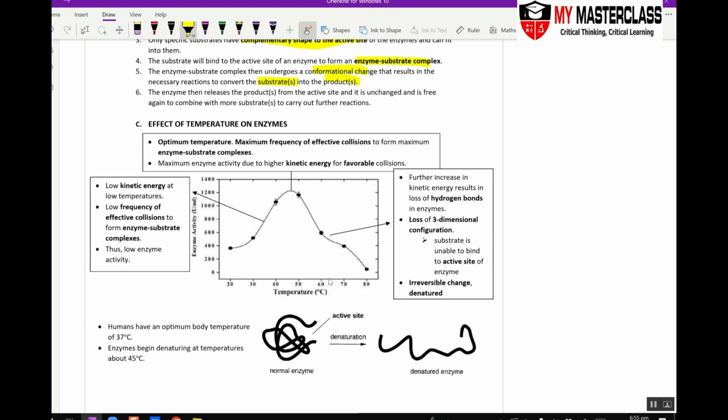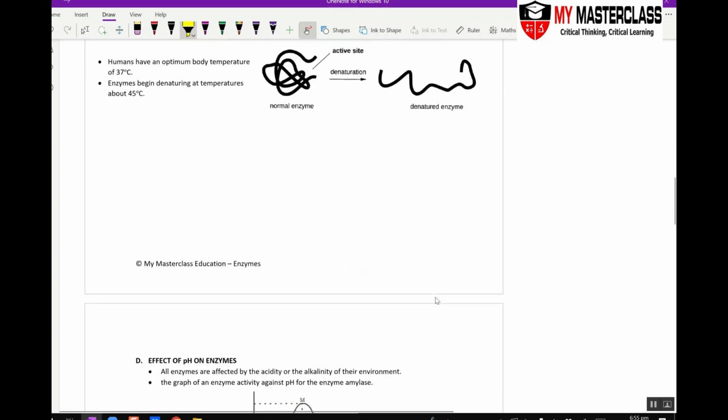As the temperature increases gradually, more and more hydrogen bonds will be lost. So once the conformation at the active site is lost, that's when the substrate can no longer bind. So this change is irreversible and the enzyme is said to be denatured.